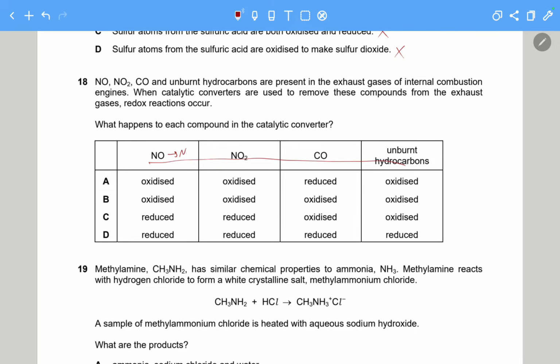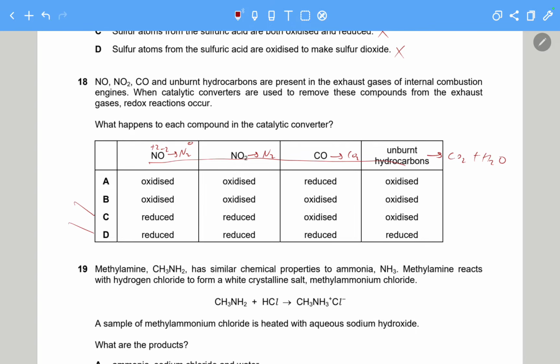So NO goes to N2, NO2 goes to N2 as well, carbon monoxide goes to CO2, and the unburnt hydrocarbons go to CO2 and H2O. If you look, it's only asking about oxidation and reduction. So let's start from NO. We know that oxygen is -2, N has to be +2, and in N2 it is 0. So the NO is definitely reduced, which means the answer can only be C or D. We've already narrowed it down.